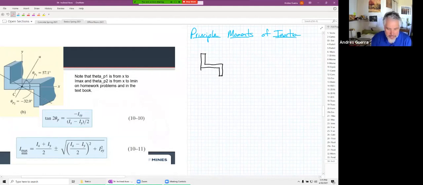They have an X and a Y axis about the centroid of that shape. So let's put an X axis right there and a Y axis right there.